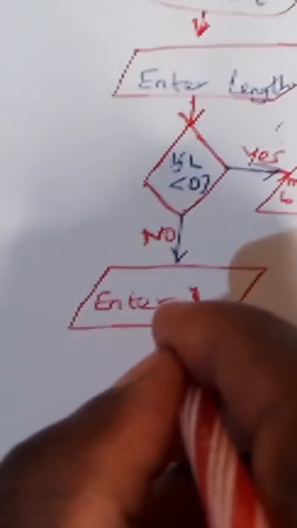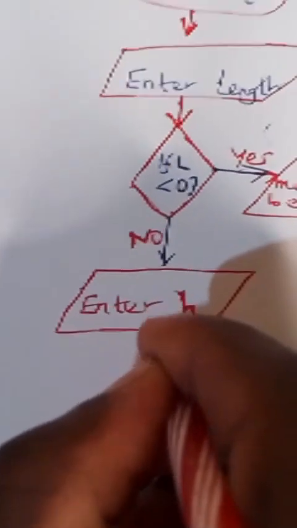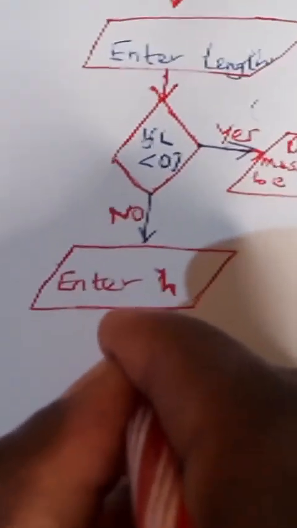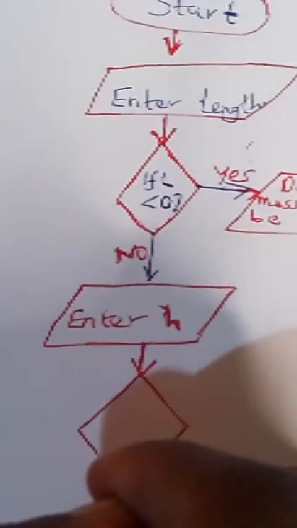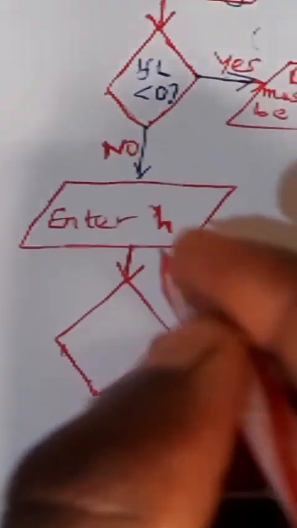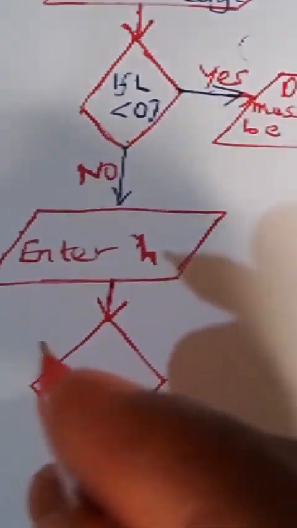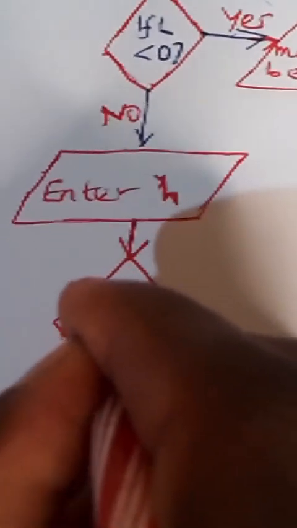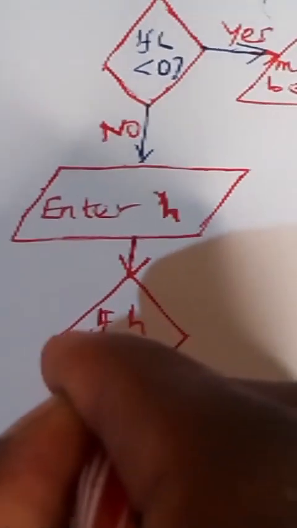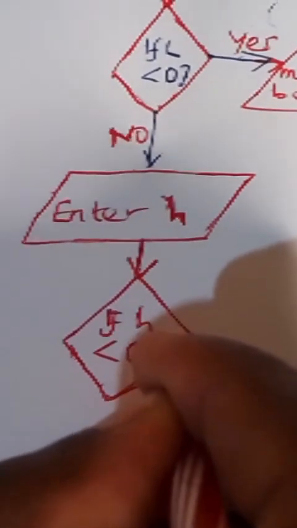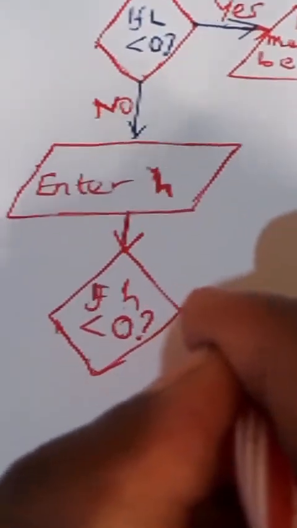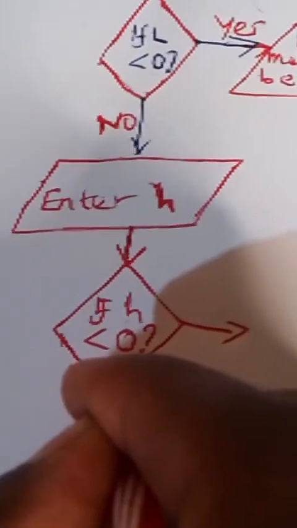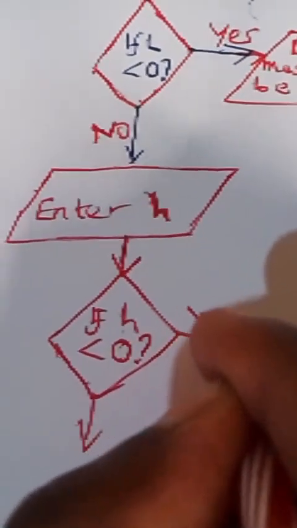So we have another if statement there, so we are going to use a diamond shape. If height is less than 0, remember to place a question mark. You are asking yourself a question. We have two options, yes or no.